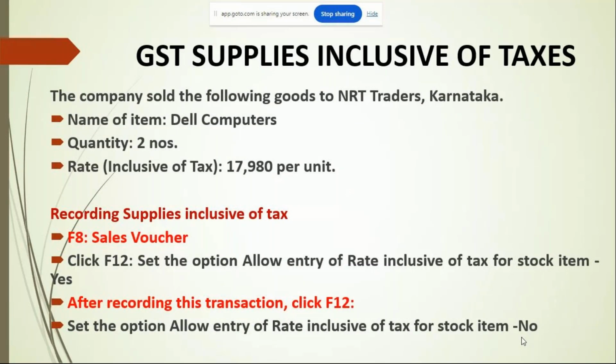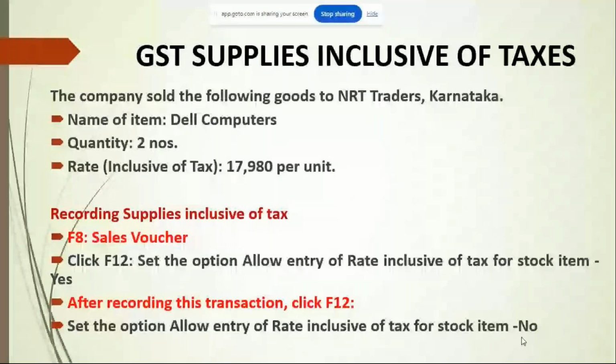That is the total price, the total rate inclusive of tax. So usually, so far in the sales vouchers, we used to give cost price plus the profit margin, which comes up to sales value plus GST, and we used to get the invoice value. But in this case, we are putting up the invoice value itself, that is inclusive of tax, 17,980.